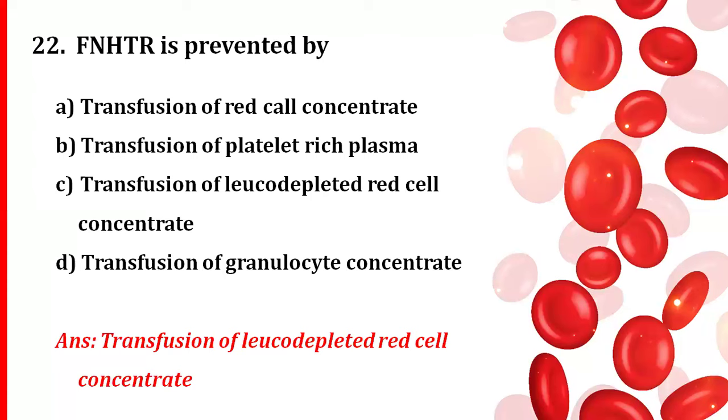So when we store the blood, cytokines are accumulated, which is the most common cause of FNHTR. If the patient has 2 or more documented FNHTRs, they should receive only leukocyte depleted red cell components.